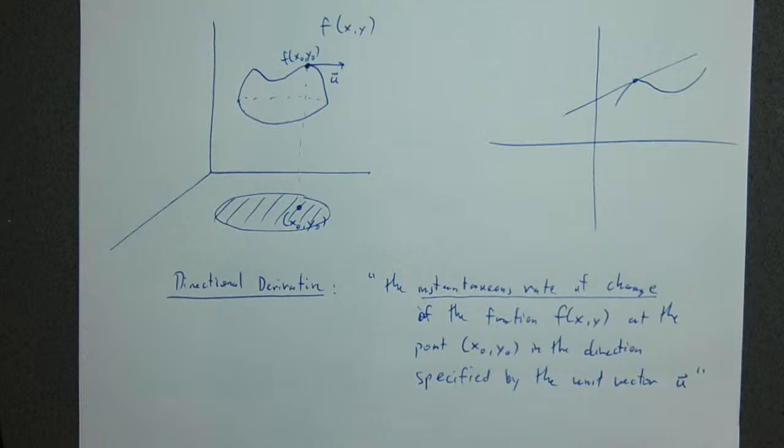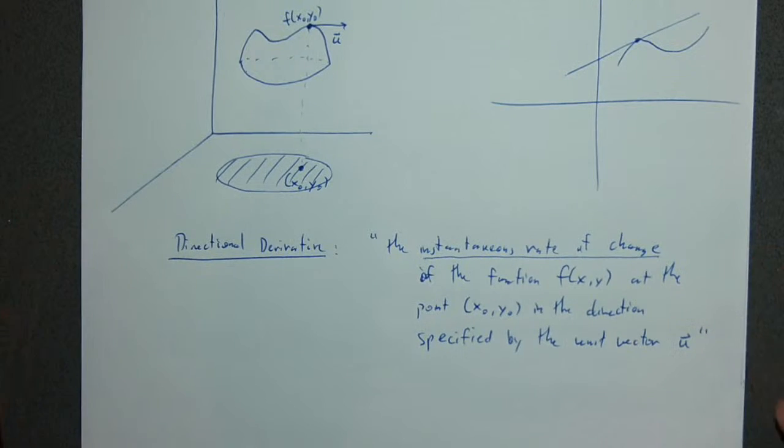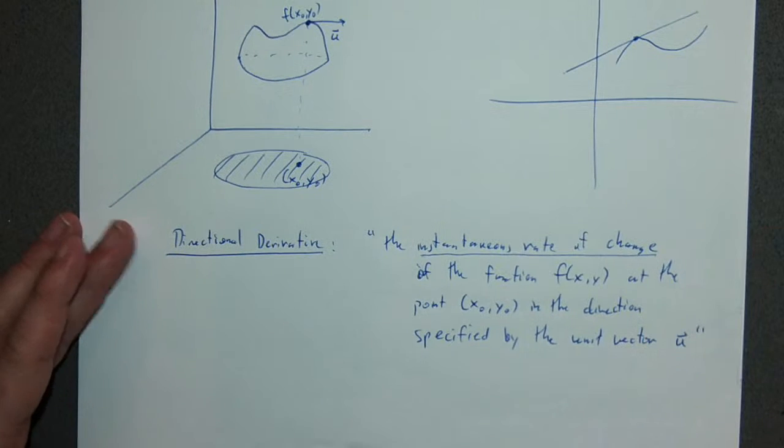So this is finally the object that is closest to what we're used to from Calc 1 and Calc 2. In order to define this, I need to define another quantity first. You'll see in the description of this video, it's mentioned: this is the gradient vector.